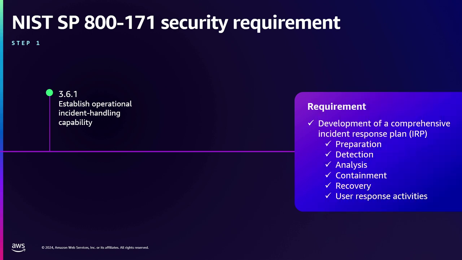So we think about every step from preparation, detection, analysis, containment, recovery, through to your user response activities, remediation, right, closure of your potential incident. That's going to be all covered within this requirement. So it is a pretty heavy one when we think about the different layers that are required to meet this. It's going to be your end-to-end incident response program.